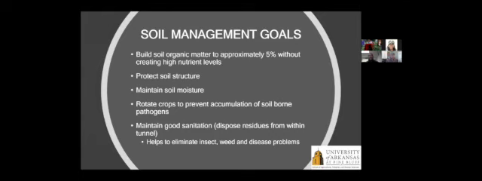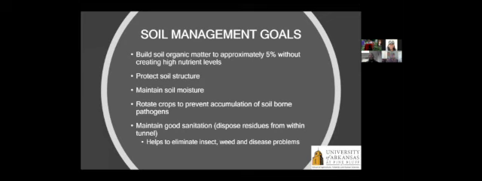And what are some of the things to keep in mind as we think about managing our soils? What are some of our broad goals that we want to have in mind? Firstly, we want to build the soil organic matter to approximately 5% or so. 5% is decent enough organic matter content for our high tunnel soils.